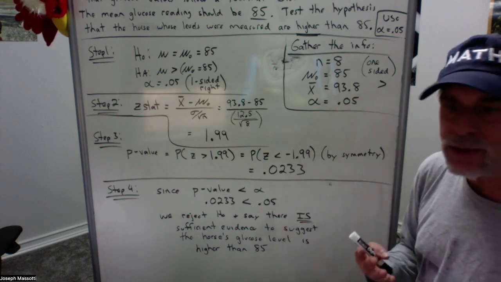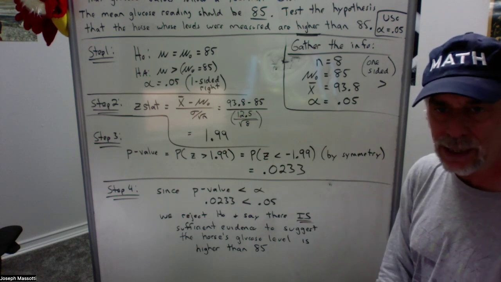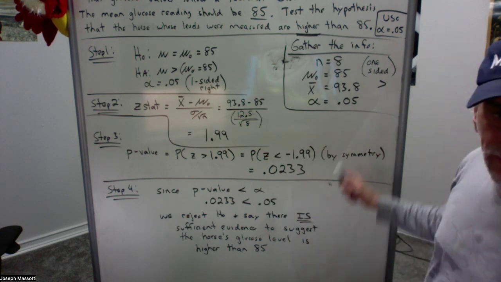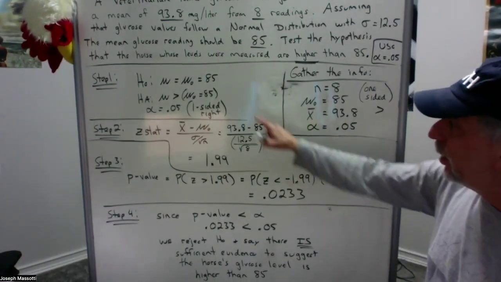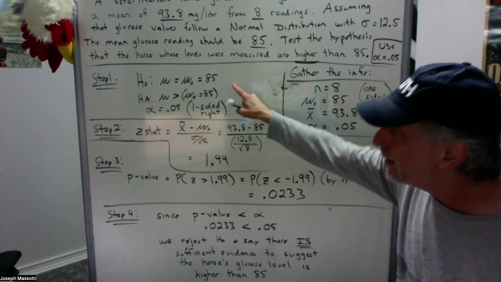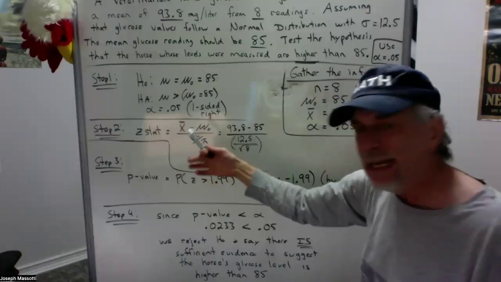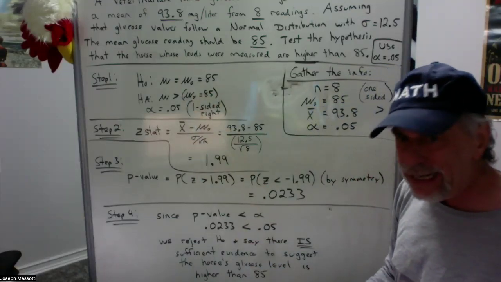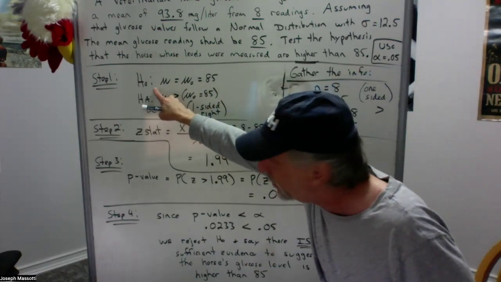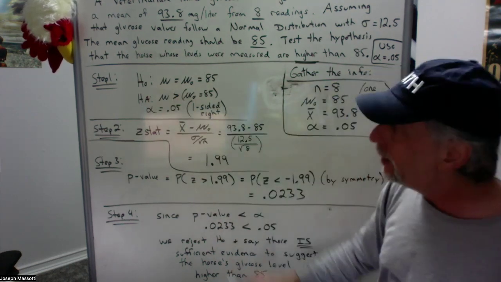So 4 steps every time, 4 steps for these hypothesis tests. Gather the information and then start your steps. Form the hypothesis, and I want this to be done correctly. Don't say the null hypothesis equals this, it doesn't equal that, it's a statement. So put a colon there, right? It's a statement.